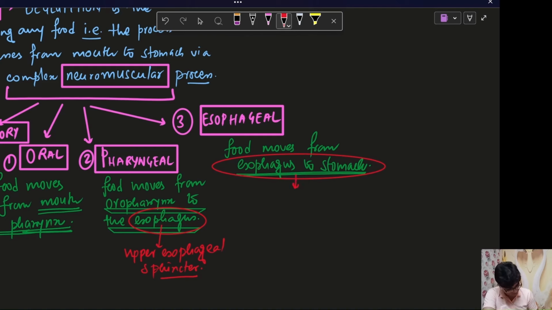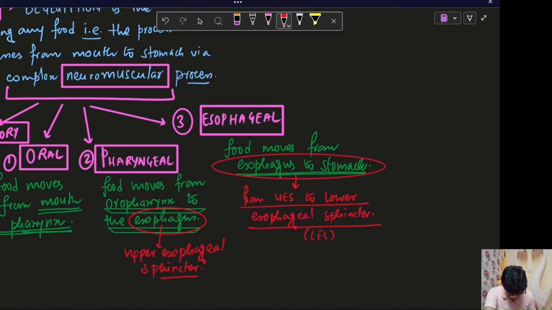Rather, when the food is within the esophagus, food travels from the upper esophageal sphincter to the lower esophageal sphincter. Right? So that is the division of phases of deglutition.